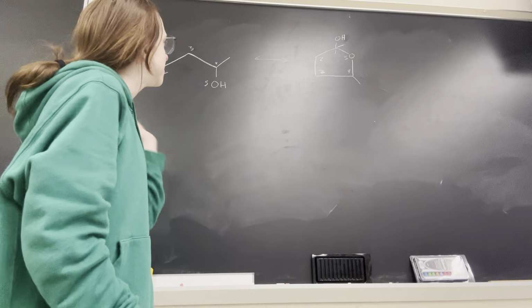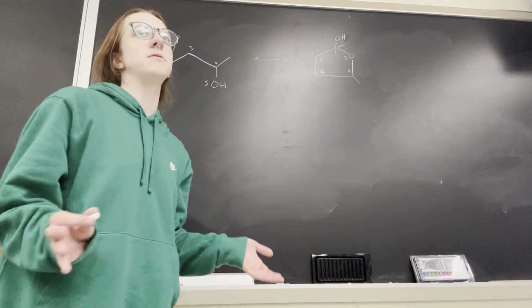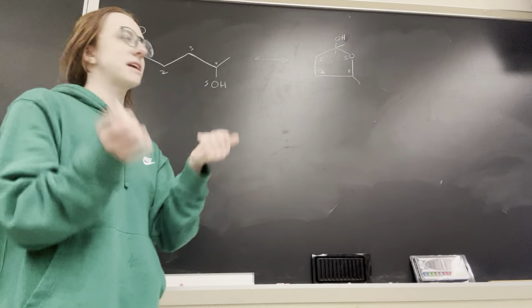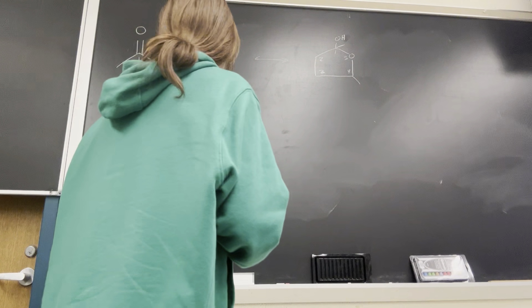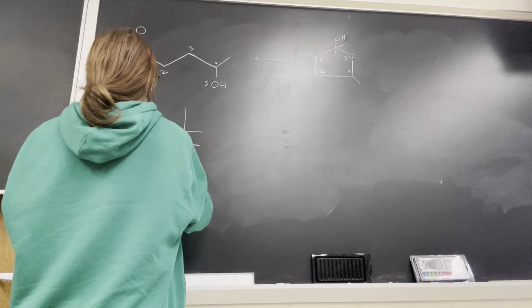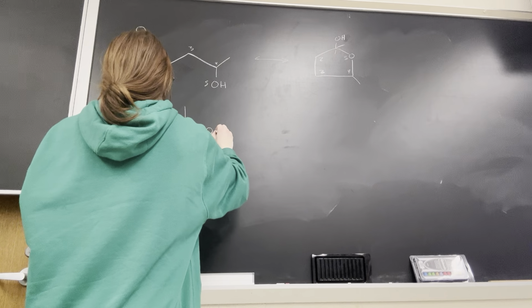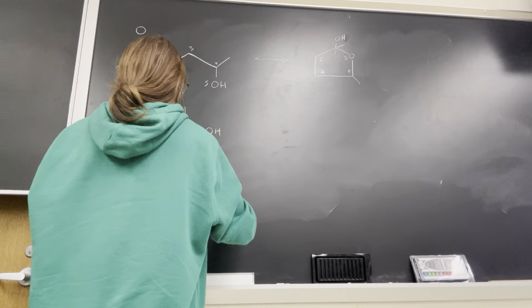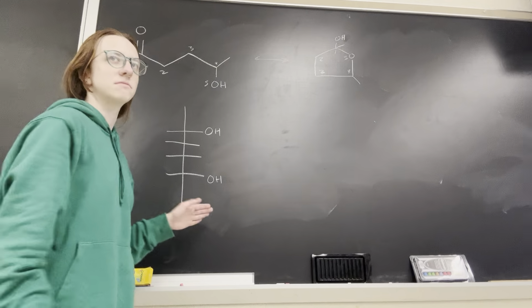But what she was doing in introducing this is showing you how you can take something that's linear and make it into a ring. So I'm just gonna draw one off the dome. Remember, all of them are gonna be D sugars.